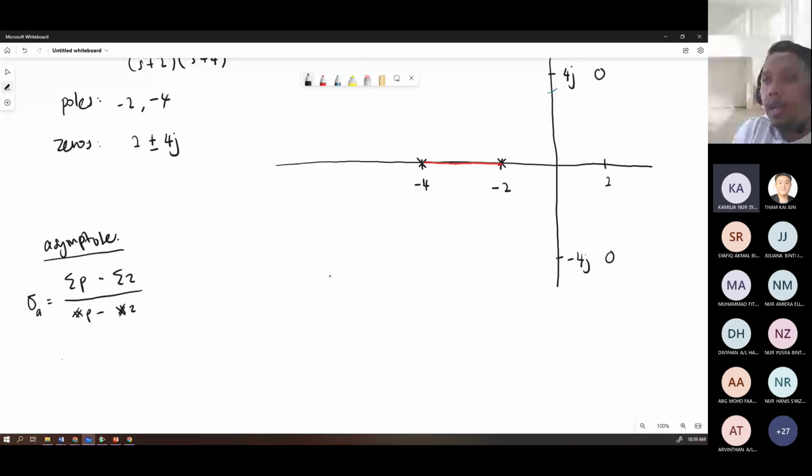So obviously, we will end up with some value divided by 2 minus 2, which is infinity, because the denominator becomes 0. Getting this kind of calculation actually means that there is no asymptote in this root locus, so we stop calculating. No asymptote.